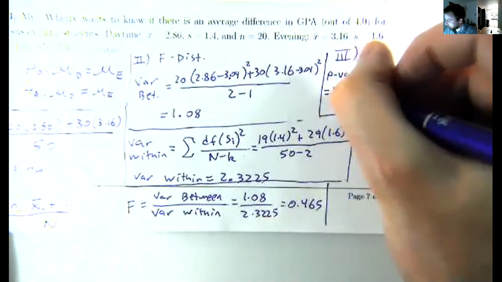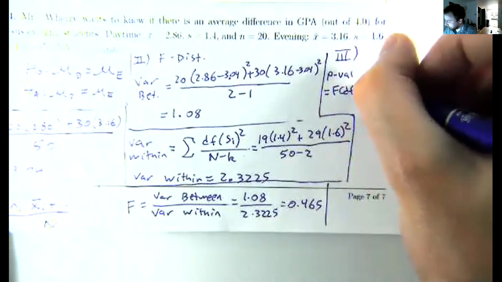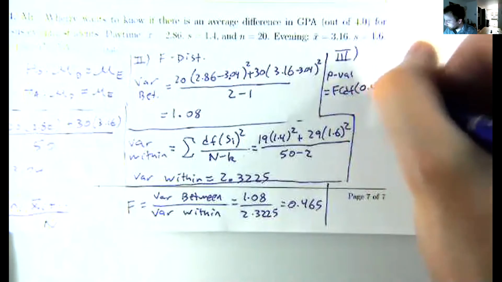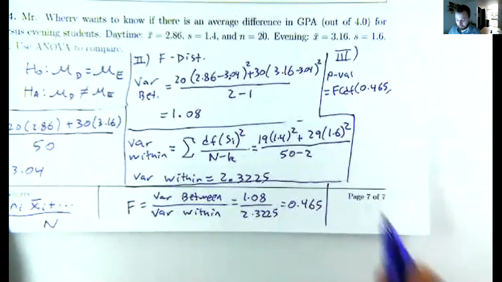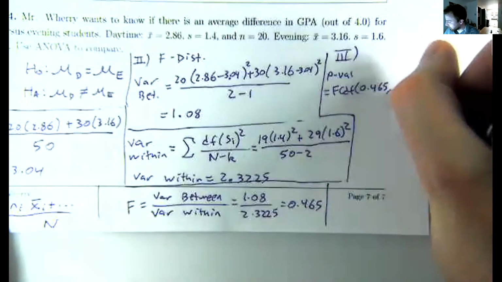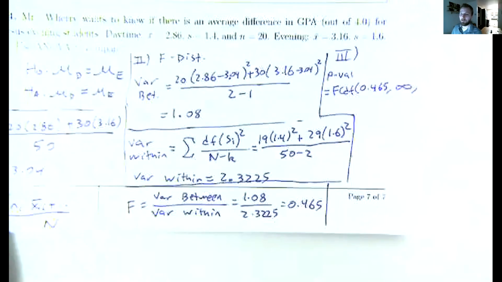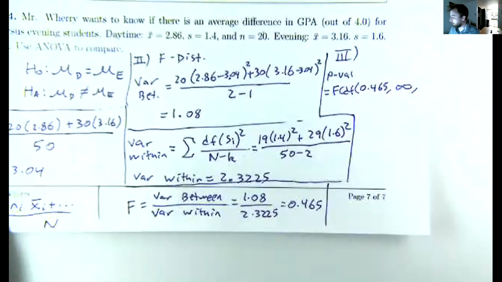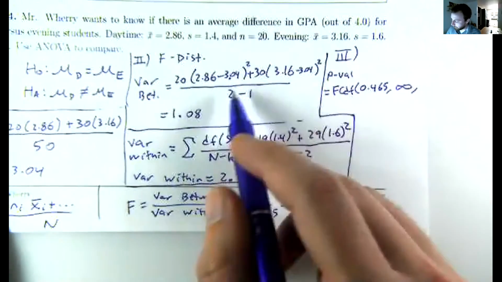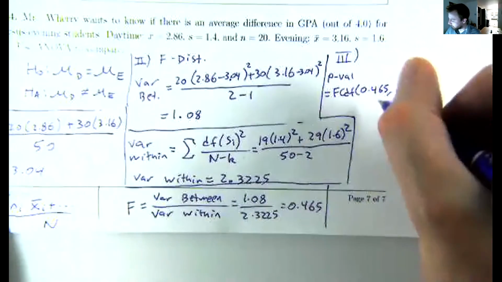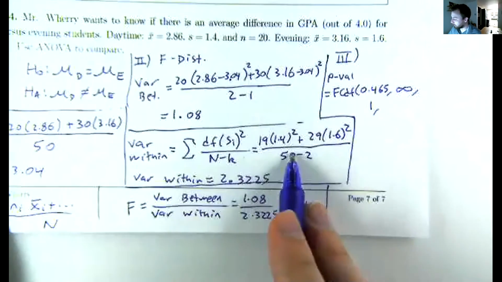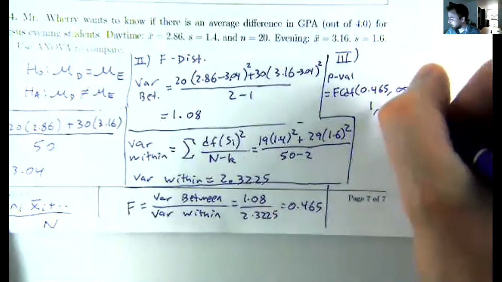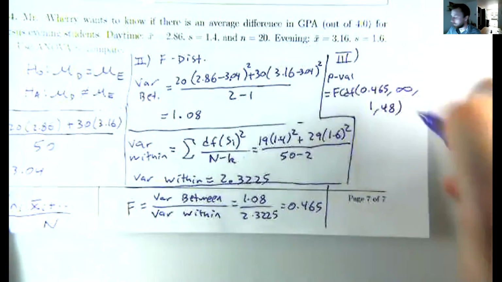P-value, FCDF, I start at 0.465, comma, this is a right-tailed test, so it goes on to infinity, comma, my first degree of freedom, my first denominator was this 2 minus 1 number, 1, comma, my next number is 50 minus 2, my second degree of freedom was 48.